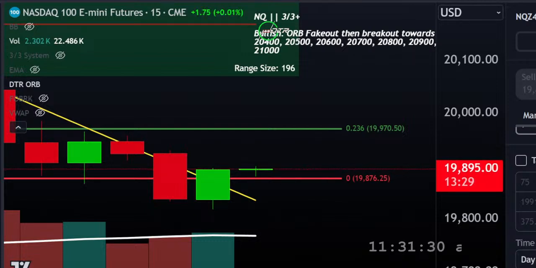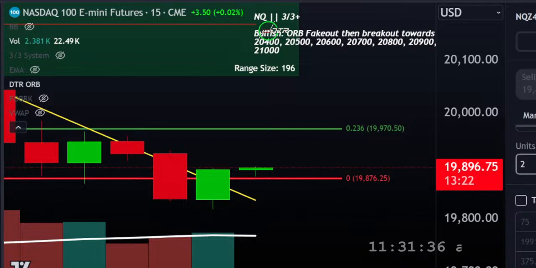That might be the better entry. So there's 900. Now we want to see a small, gentle pullback.